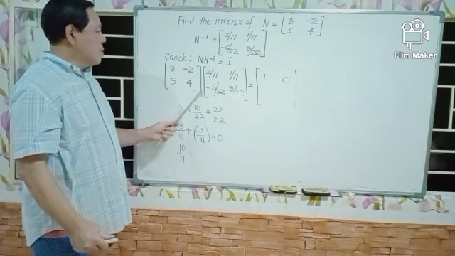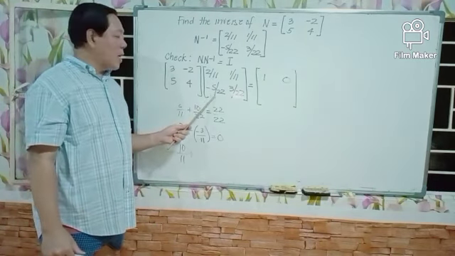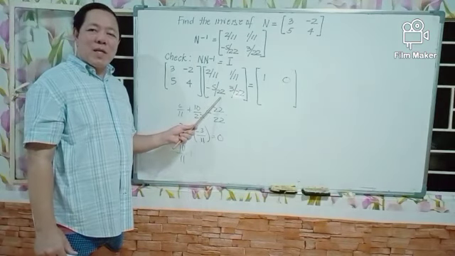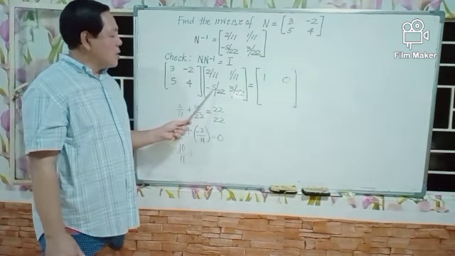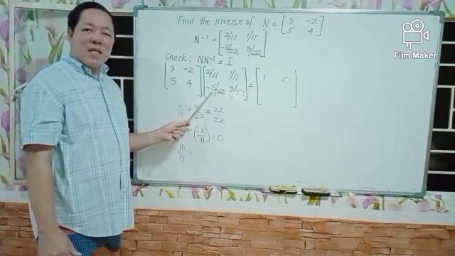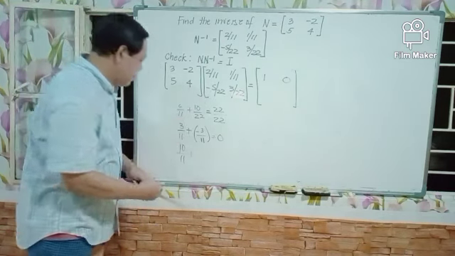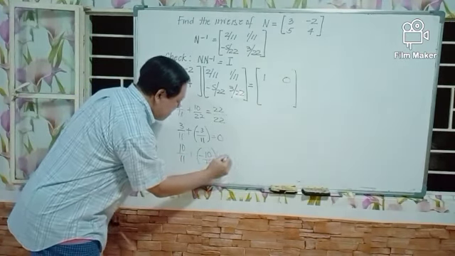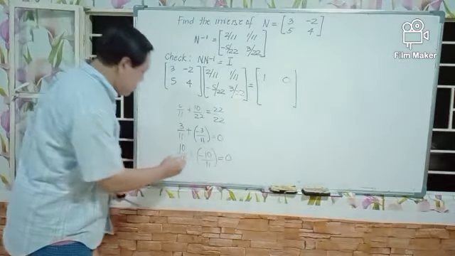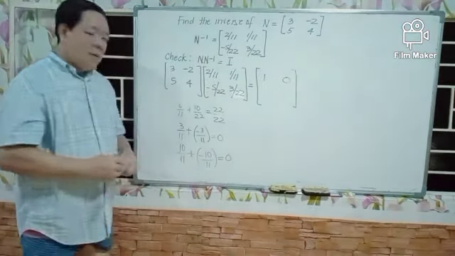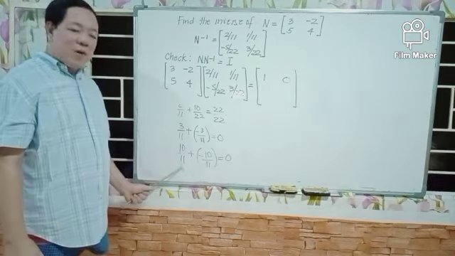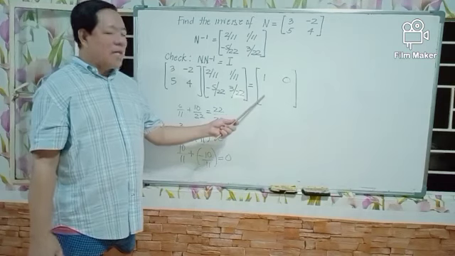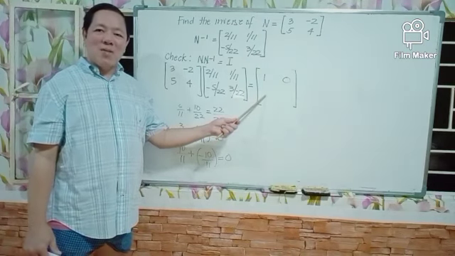Plus 4 multiplied by negative 5 over 22. 4 over 22 in lowest terms is 2 over 11. And multiplied by negative 5, we get negative 10 over 11. But the sum of positive 10 over 11 and negative 10 over 11 is equal to 0. Thus, the entry here in the second row and first column is 0.